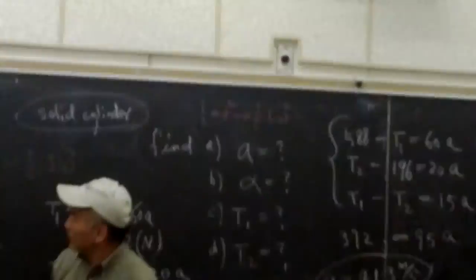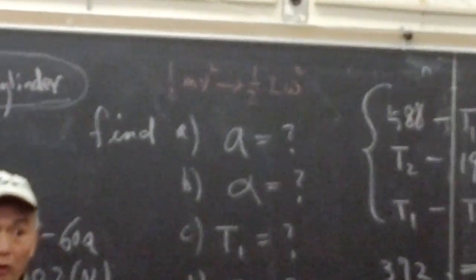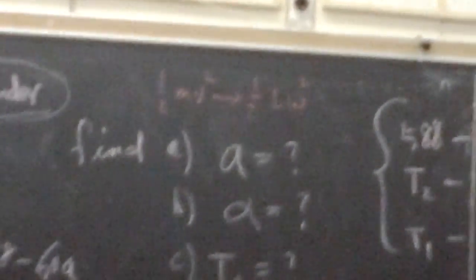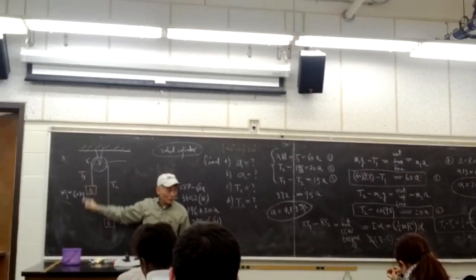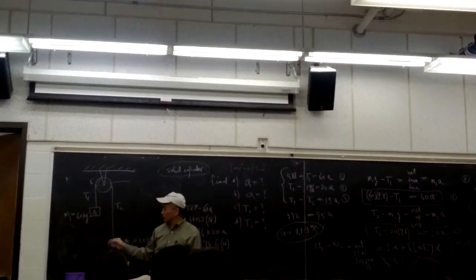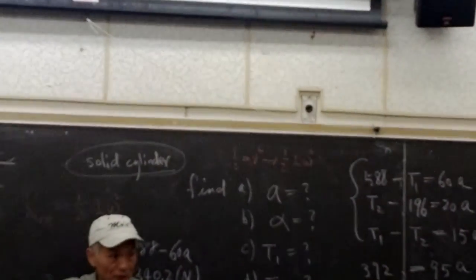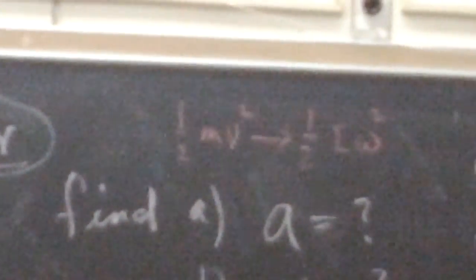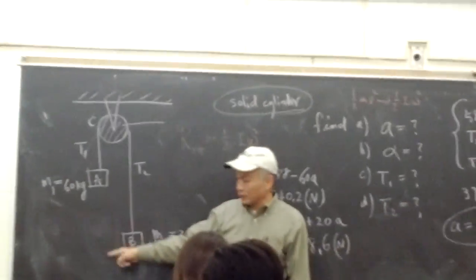So one can solve this problem, let's say, stated another way. If you're given the initial height and you try to find how long it takes to drop to the floor, what the final speed is, and so on. Now that we have the acceleration, we can find the final speed, and half I omega squared. But anyway, using the energy language, you can also find out.